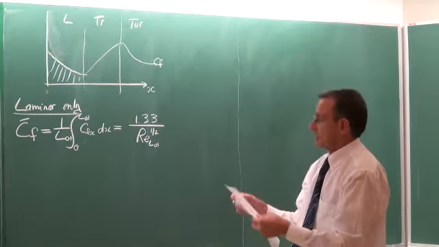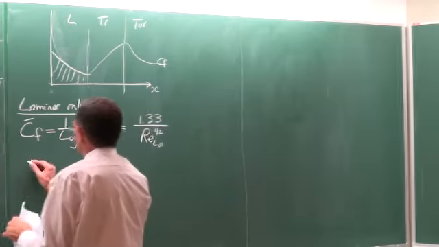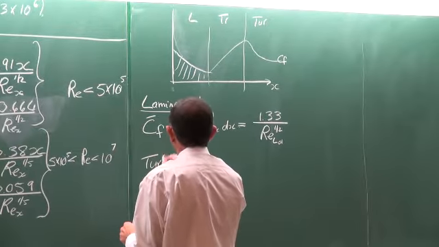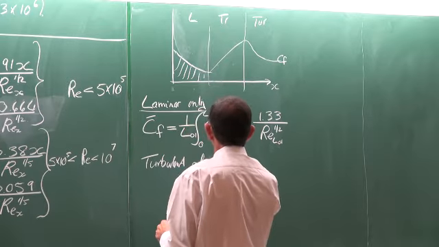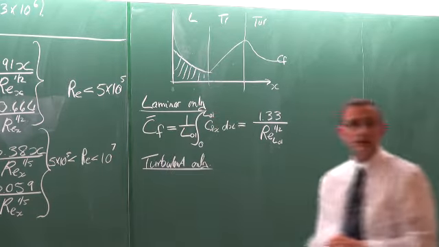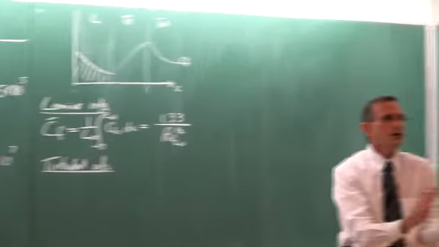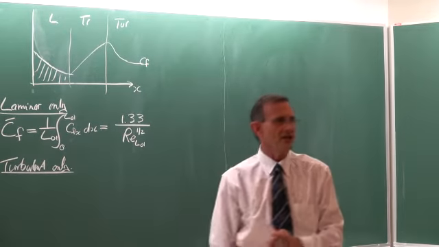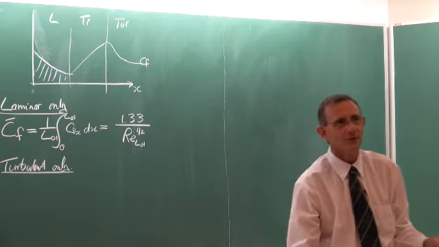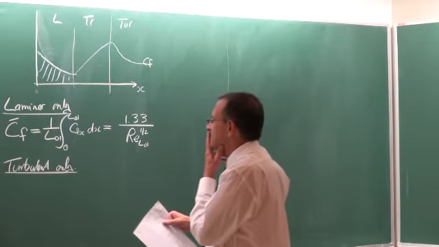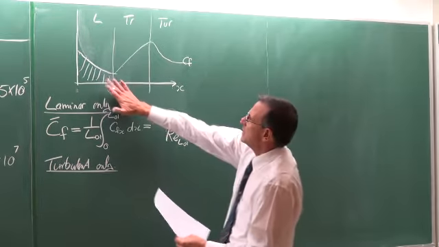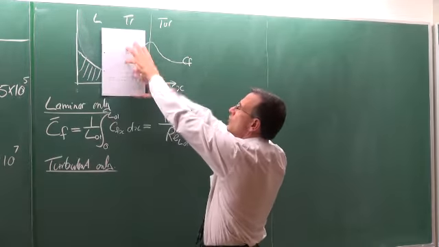Right. Now we can do it for the turbulent part also. Okay, now there are two approaches. You can use the lazy approach or the theoretically correct approach. With the lazy approach, we're going to say, well, let's forget the laminar flow regime.